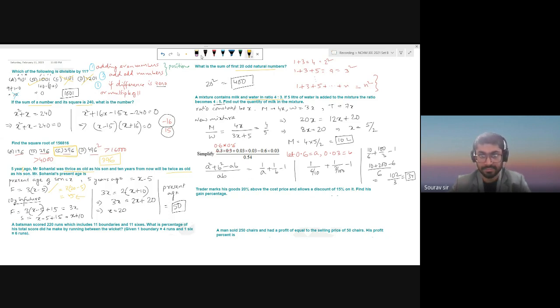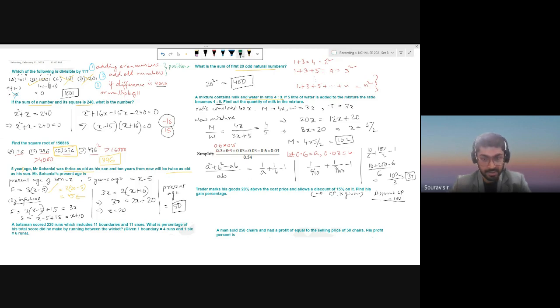Done? Good. So a trader marks his goods 20% above cost price and allows a discount. So when no cost price is given, right, only percentages are given, assume CP equal to 100. Since we are dealing with percentages, whatever the actual CP may be, they'll scale.